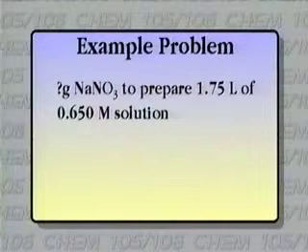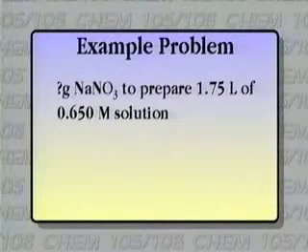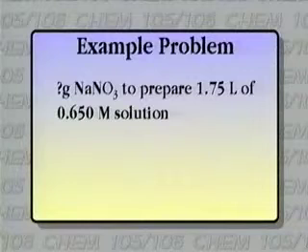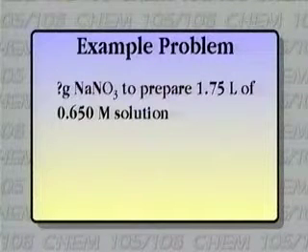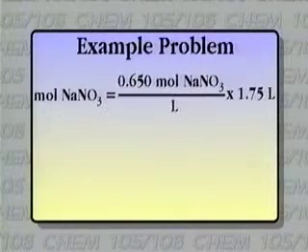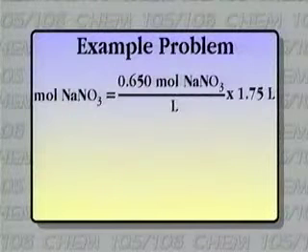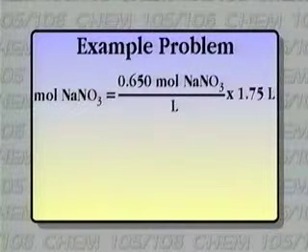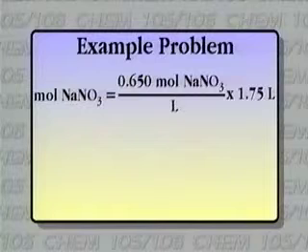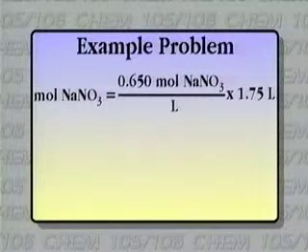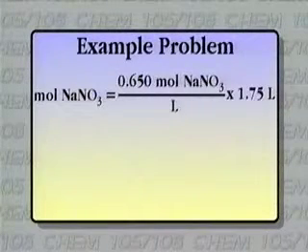Well, we can think of it sort of in a two-step fashion. To calculate the number of grams of sodium nitrate, we need to know how many moles of sodium nitrate we have. Once we know how many moles, of course, we can convert to grams. We've done that many times in many types of problems.